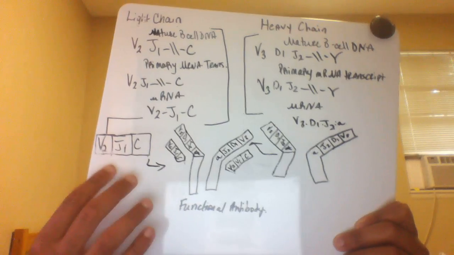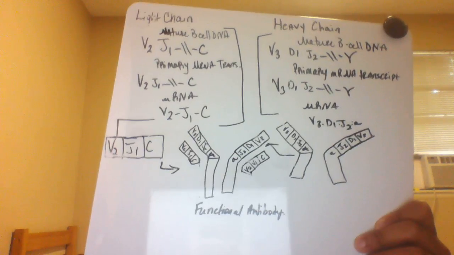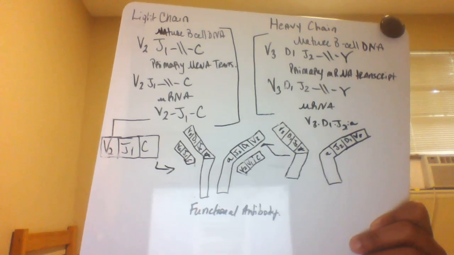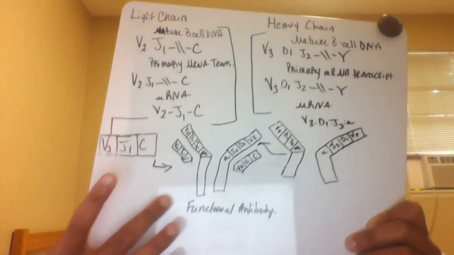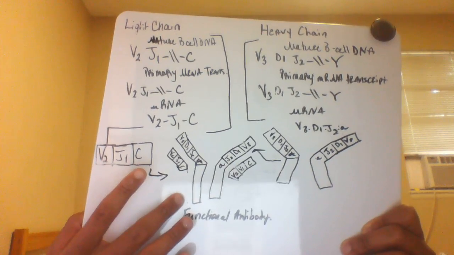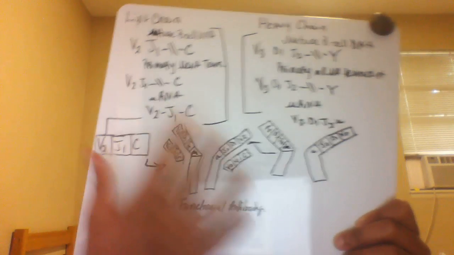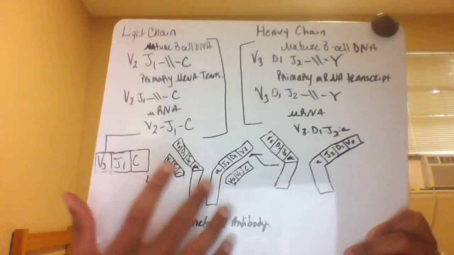And again, this is all done by random selection. There's no particular order in which this has to go. The end product will give you whatever type of antibody. This can create thousands and thousands of different antibodies. But that is what the end product will look like.